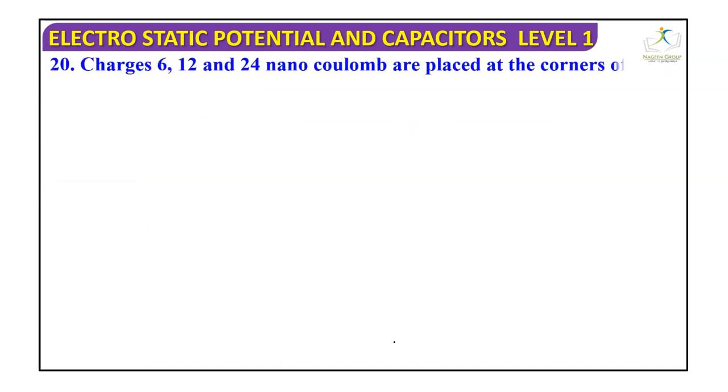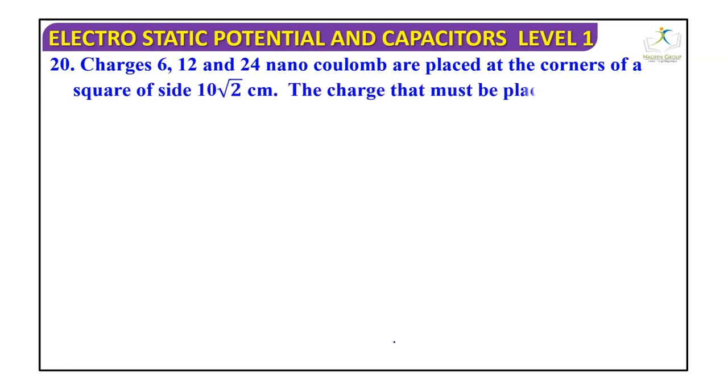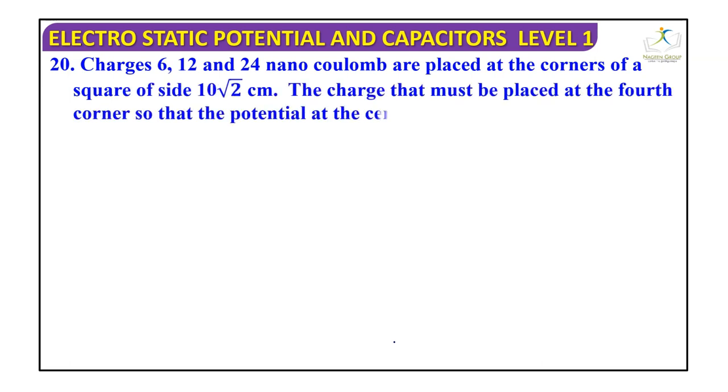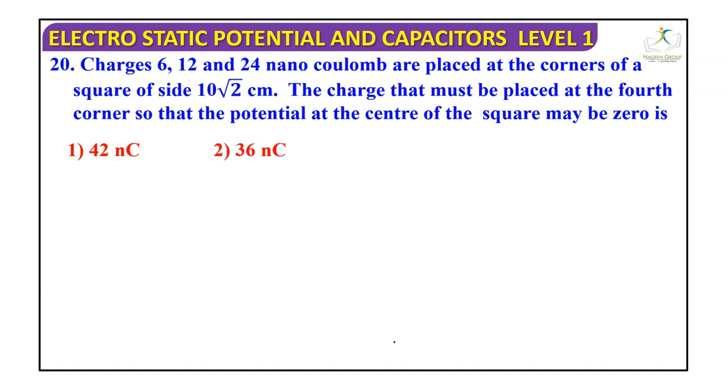Next question we have: charges 6, 12 and 24 nanocoulomb are placed at the corners of a square of side 10 root 2 centimeter. The charge that must be placed at the fourth corner so that the potential at the center of the square may be 0 is: first we have option 42 Newton per coulomb, the second we have 36 nanocoulomb, third we have minus 42 nanocoulomb, and the fourth we have 30 nanocoulomb.